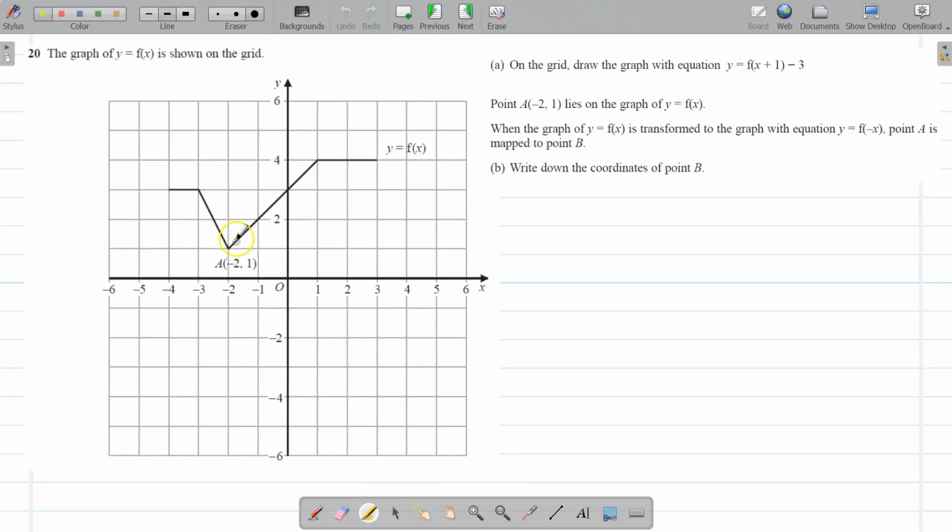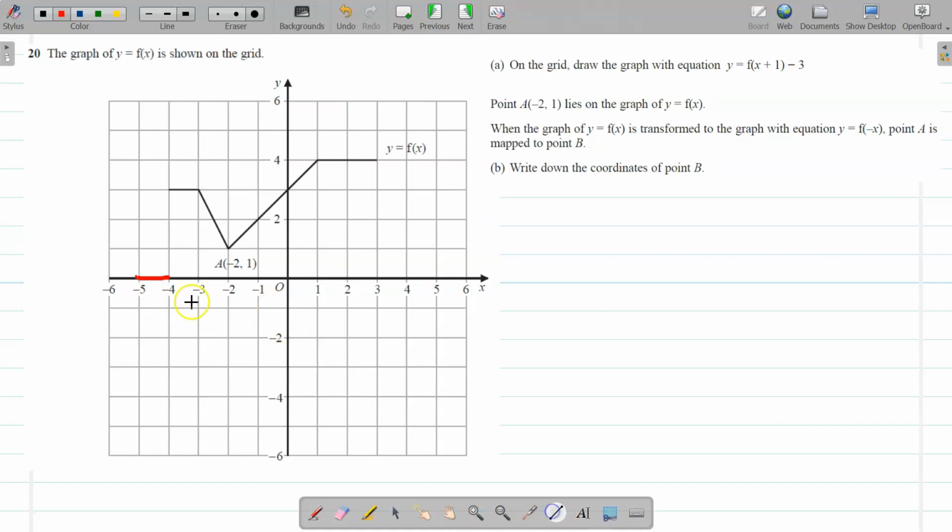Okay, next, number 20. This is about transforming a function. This is the function f(x). It's got 4 sections. We're interested now in the function f(x + 1) − 3. This is a translation 1 place to the left and 3 places down. So every point on here moves 1 left and 3 down. So it goes like that.